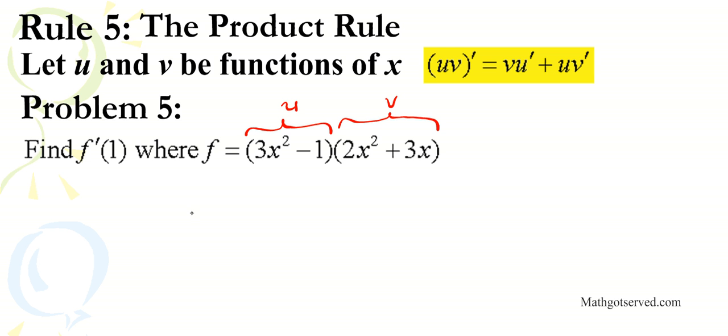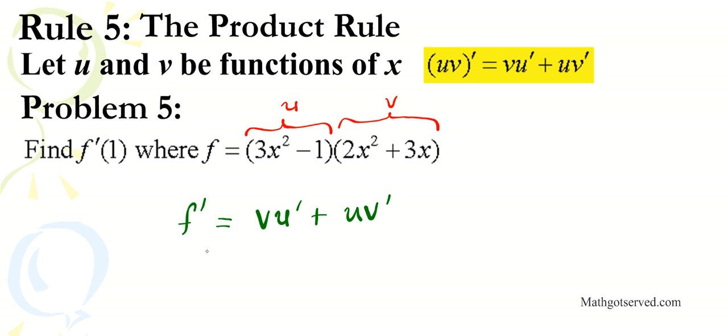Okay, so f prime, the same as df/dx, f prime is equal to, let me switch the order. It doesn't really matter the order, but I like to write it like this using V first because it helps you remember this one and the other one we're going to see next. So V U prime plus U V prime. All right.